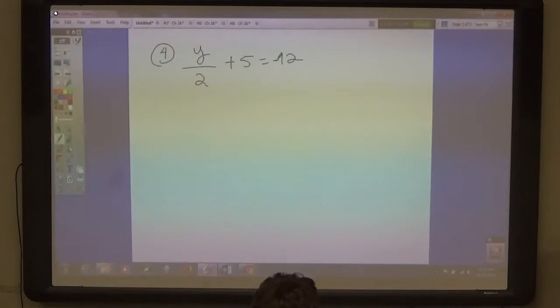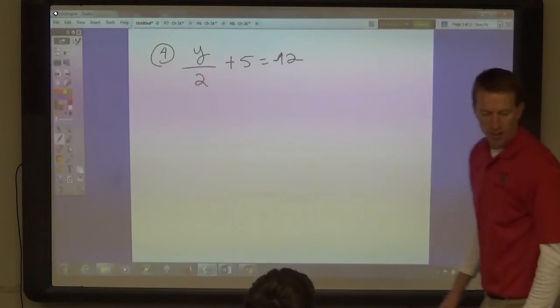So divide by 2. Don't use the division sign, use the same sign as a fraction. Mr. Muskie, this is what you do, right? I'll show you.